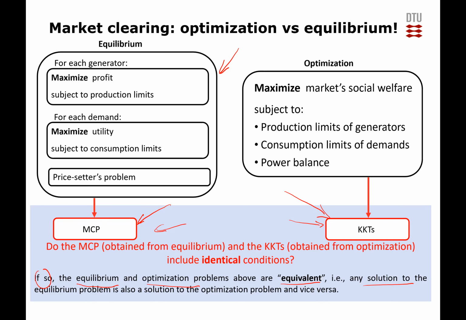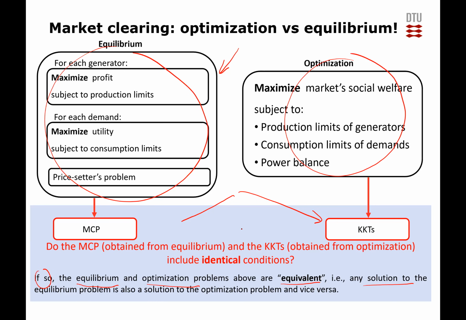So what I'm trying to say is that here we have an MCP, and here we can derive the KKTs. We can compare these two problems. If they are exactly the same, then our equilibrium problem is the same as the optimization problem. Is it clear?